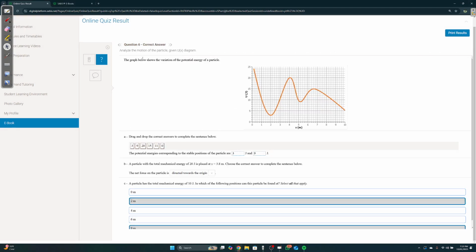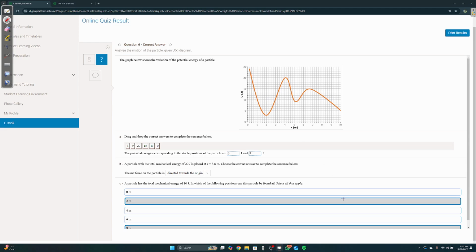Question 6. Again, another graph. It gave us a graph of the potential energies. The potential energies corresponding to the stable positions of the particles are what? We have a stable position over here, over here, and over here. Realize how they said stable. They didn't say equilibrium. If they said equilibrium, you'd have 1, 2, 3, 4.